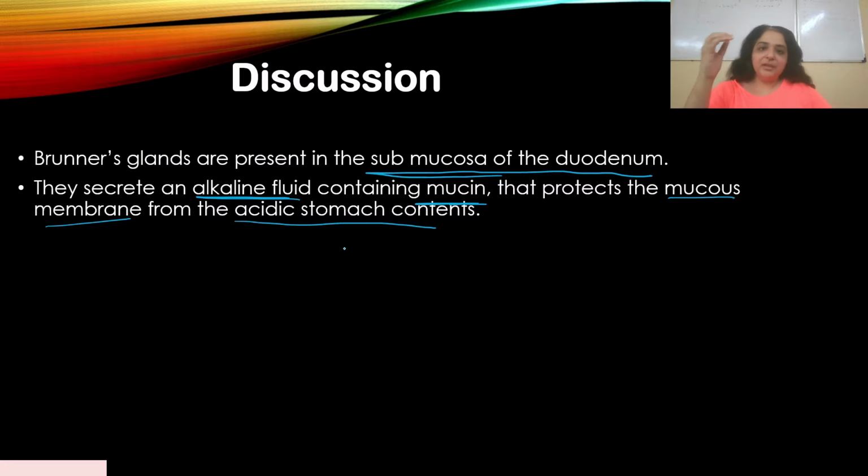When chyme enters the duodenum from the stomach, it is acidic, because the stomach has acid. So to protect the mucous membrane, Brunner's glands in the duodenum secrete an alkaline fluid that protects the surface. So that was direct. We'll move on to the next question.